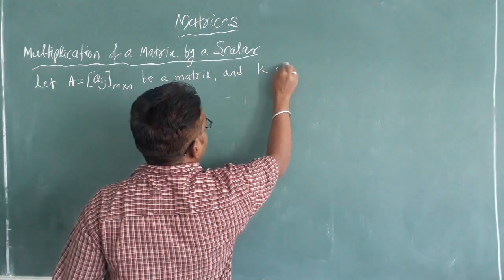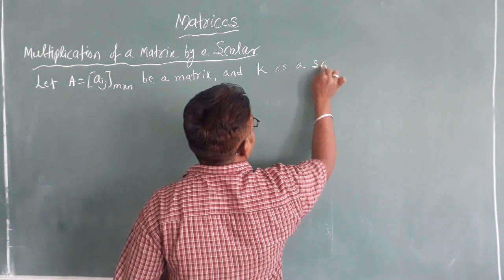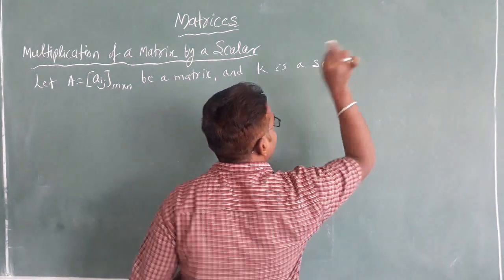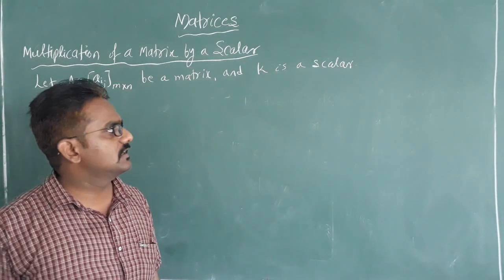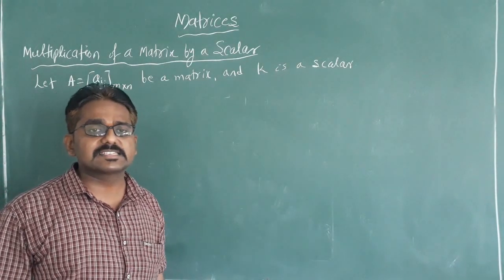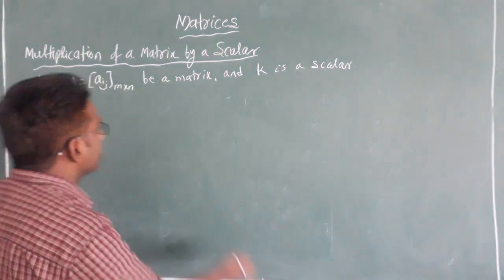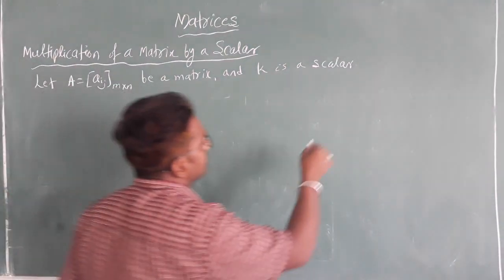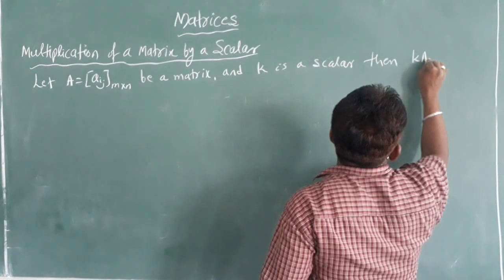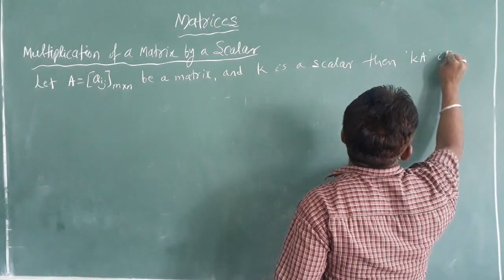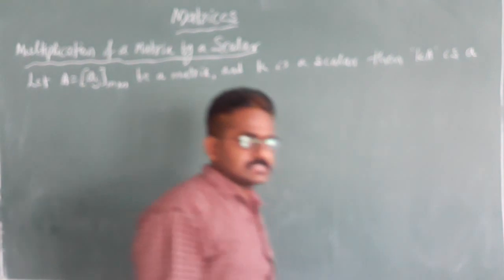And K is a scalar. We don't know what scalar it is. And a real constant. K is any scalar. Then Ka is a matrix.